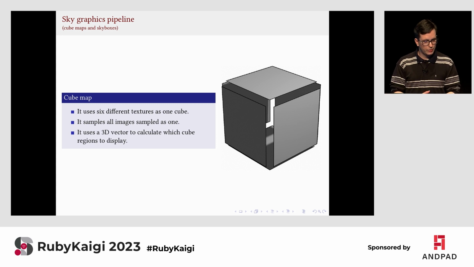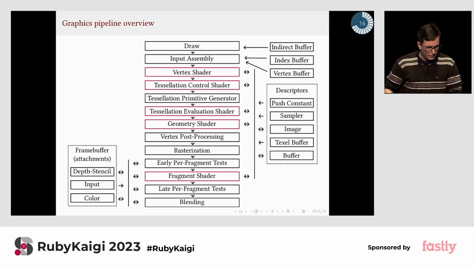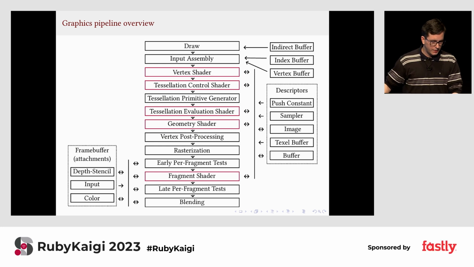So what the graphic card does is use 6 images. It samples all of those images as if they are one. So if you look at a corner, it doesn't look strange, like you are looking at 3 different images. It's actually rendered as one, with a smooth effect.